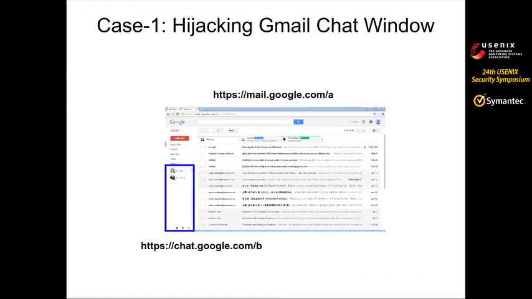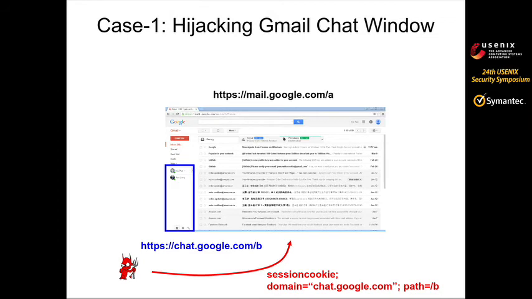If the attacker injects his own session cookie with the domain and path of the chat window, but with the same name as the session cookie, the attacker can shadow the original session cookie, so that the chat window is loaded as the attacker's chat window, but the mailbox is still the user's. The mailbox keeps unchanged.